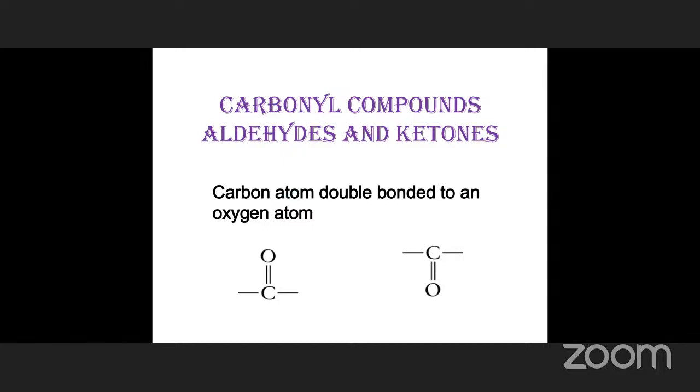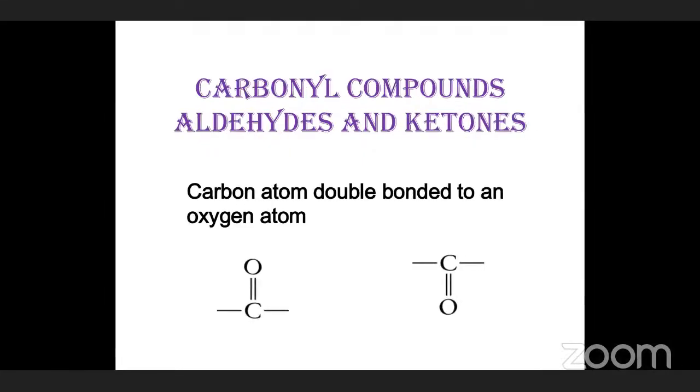And the main characteristic of these compounds is their possession of this carbon-oxygen double bond. The difference will be in their R prime. One is H, and the other one is organic, R.